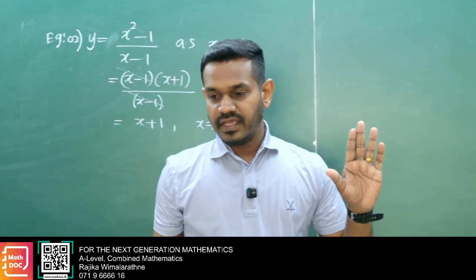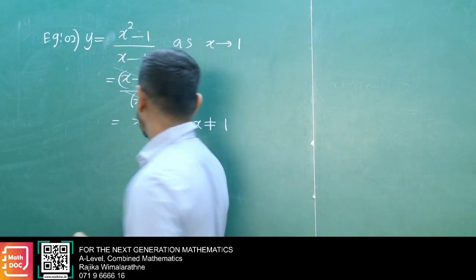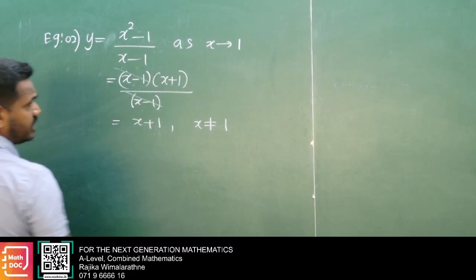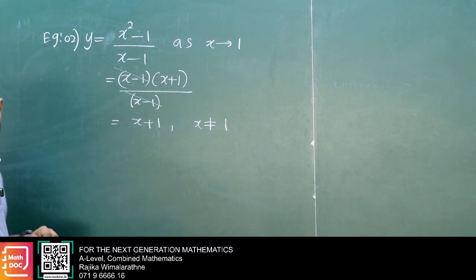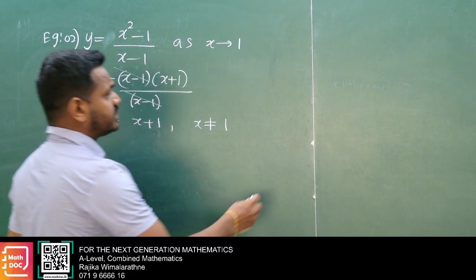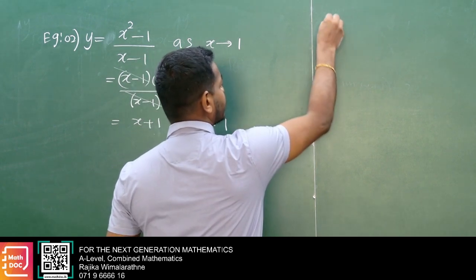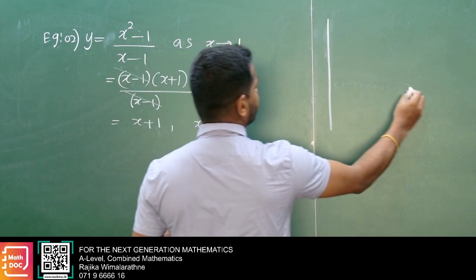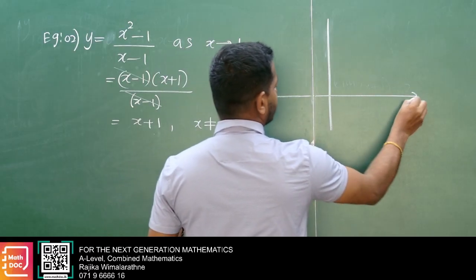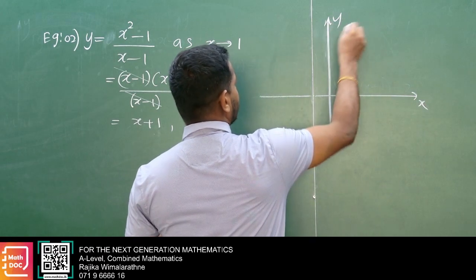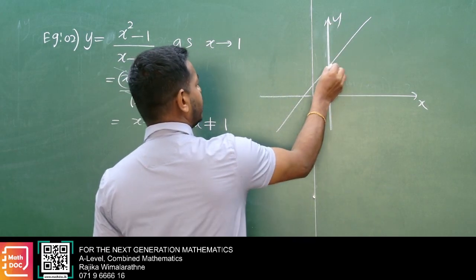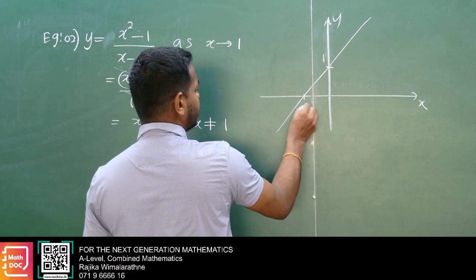Okay, now let's move further. Now let's sketch this one. When you sketch this function, it is like this. Here x, y, here intercept 1, intercept minus 1.